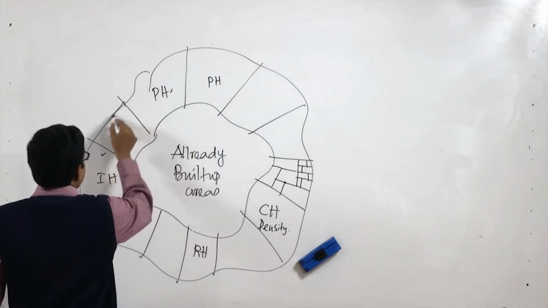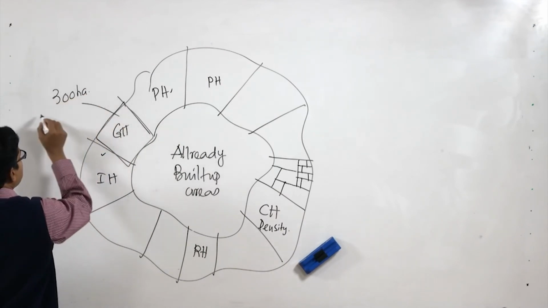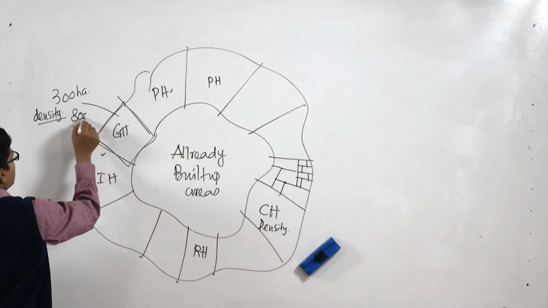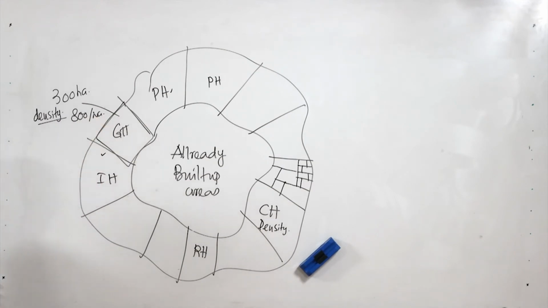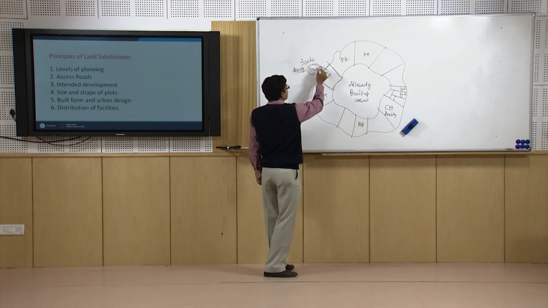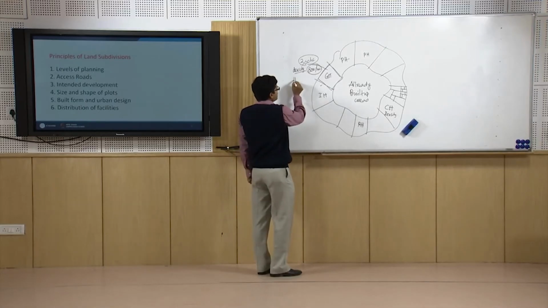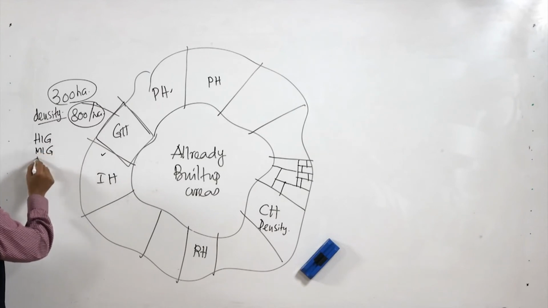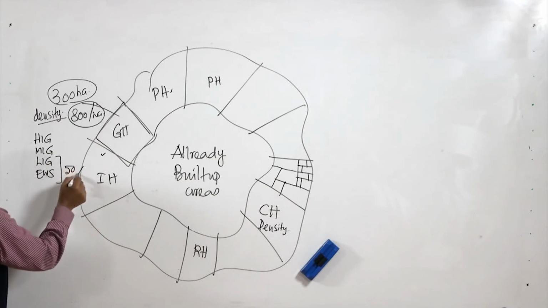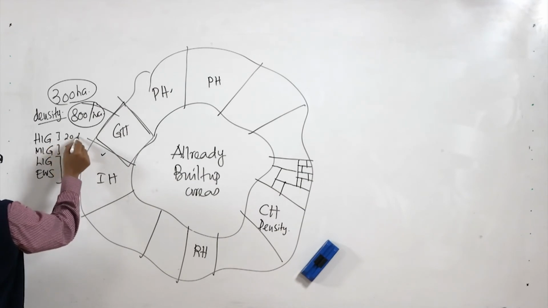For example, this land chunk could be 300 hectare and the density could be say 800 per hectare, and as per the housing strategy you have made, it is also mentioned that this 800 per hectare in a total area of 300 will consist of HIG, MIG, LIG and EWS in the proportion of 50%, 30% and 20%.